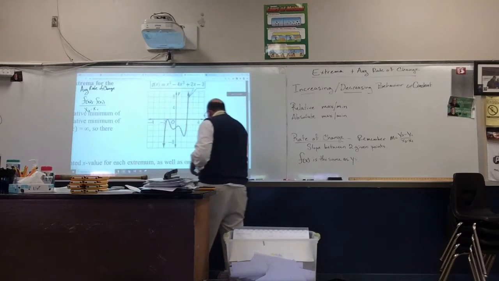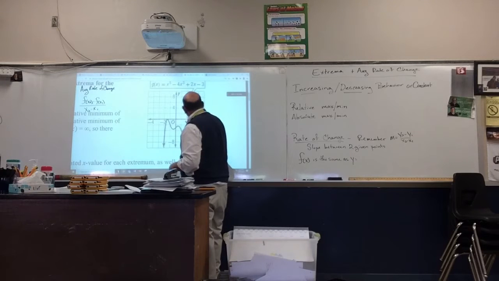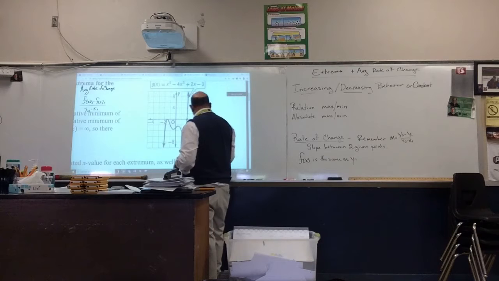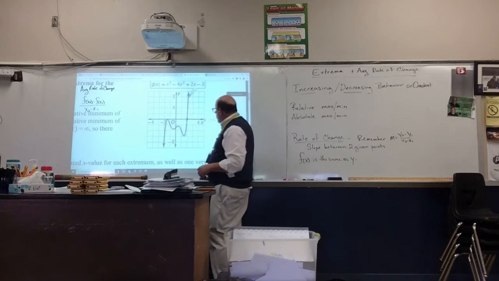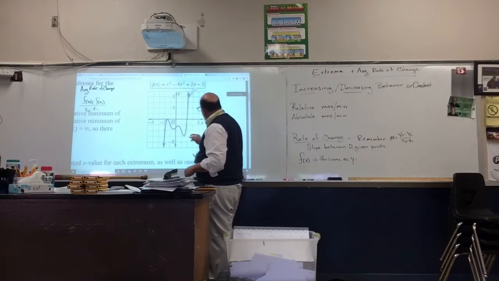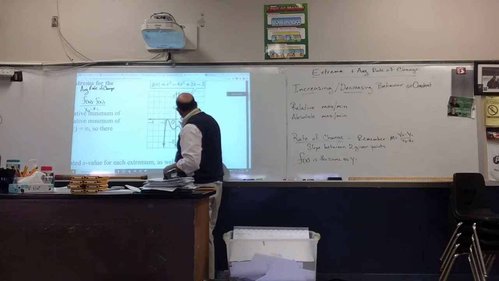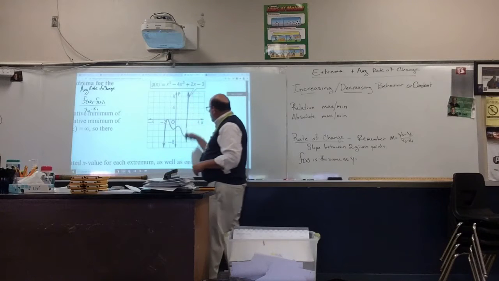But what's happening from positive 2 all the way to infinity? It's ever increasing. And if they take certain spots in the middle of the graph, what if they say, what's happening between 0.5 and 1.5, you're going to say it's decreasing.